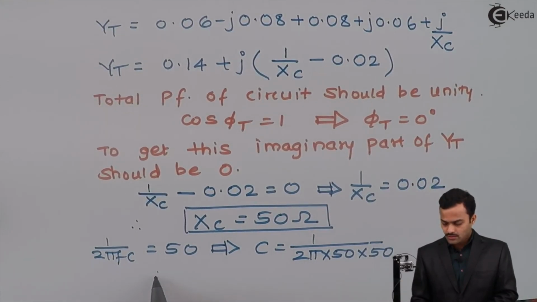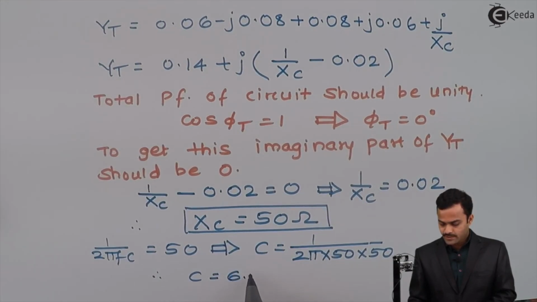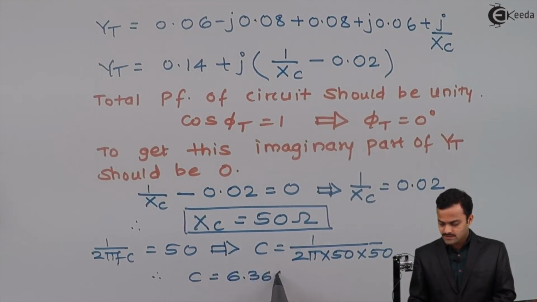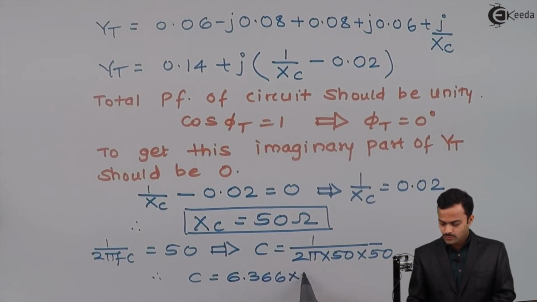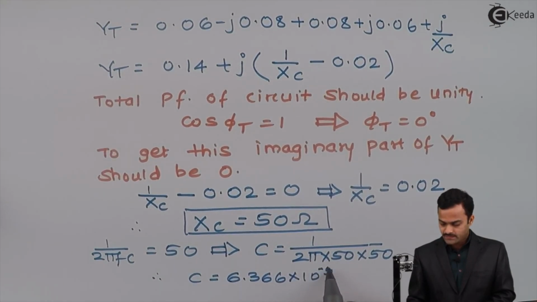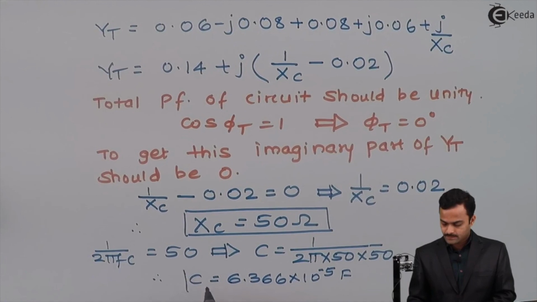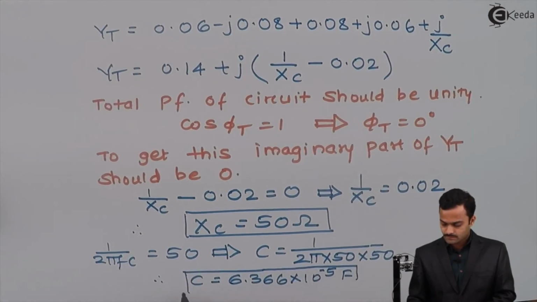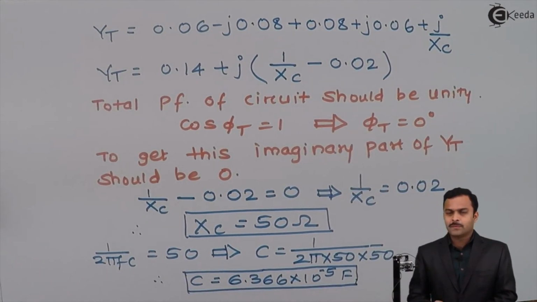And if you solve, you will get C equal to 6.366 into 10 raised to minus 5 farad. This should be the value of the capacitor connected in parallel to the circuit in order to get total power factor unity. Thank you.